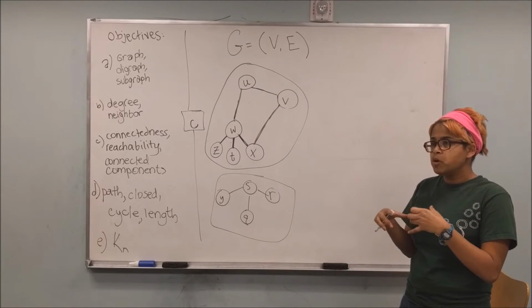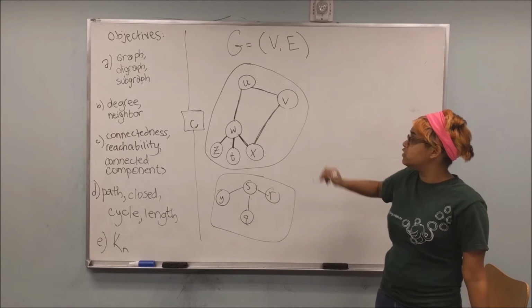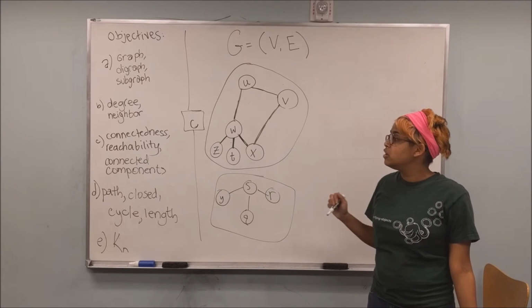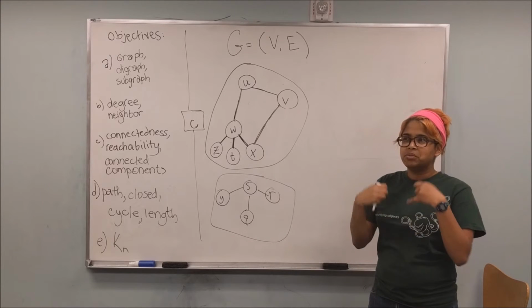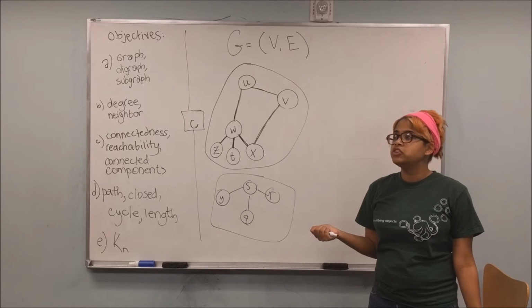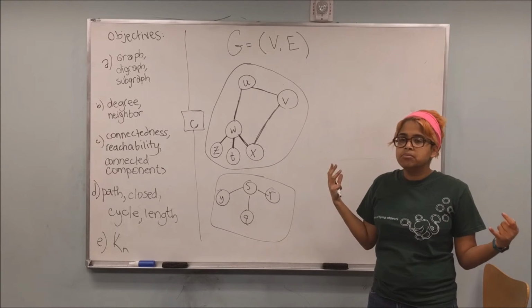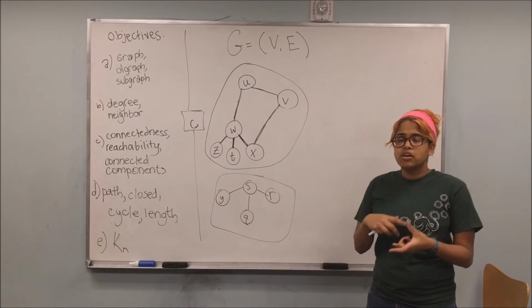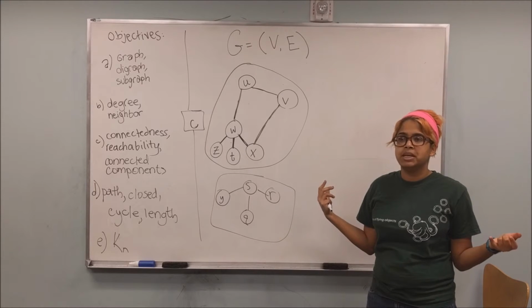Those are all reachable from one another. However, the graph consists of all these vertices, so the entire graph is not connected, but it does have connected components. So the connected components just means that there are some subgraphs, and those subgraphs are connected.